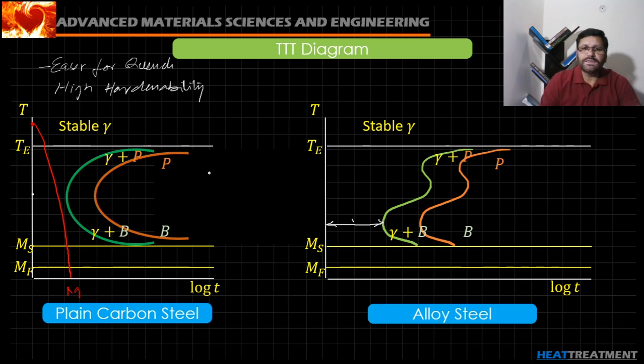As we have seen in this TTT diagram, the time lag is shortened at the nose as compared to the time lag available for alloy steels.